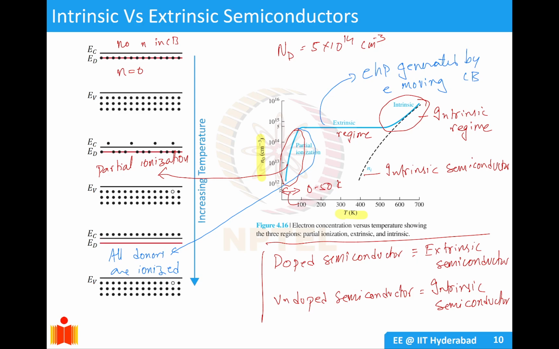This generation is independent of your donor or acceptor concentration, because it goes directly from the valence band to the conduction band. Hence at very high temperatures you have a higher number of carriers, and that number is equal to your intrinsic carrier concentration at that temperature.